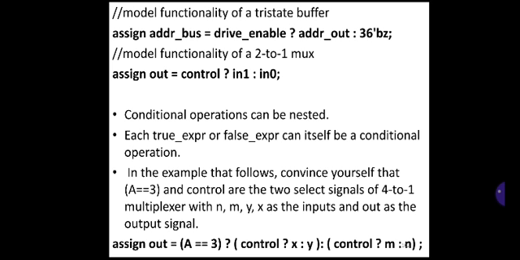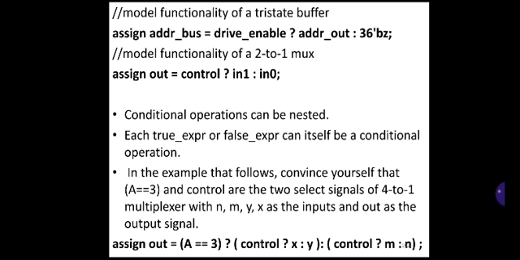Assign, out is the output signal. So out is equal to A is equal to 3. Test whether the value of A is 3 or not. If A is equal to 3, then it is a true condition. If it is true, jump to the following expression, control question mark X colon Y. So if A is exactly 3, then it will execute this expression, control question mark X colon Y.